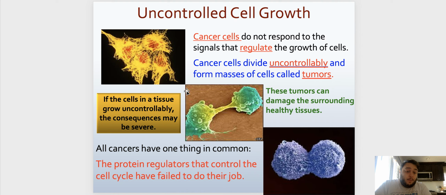Some cancers are treatable. Some cancers, you could remove the tumors with surgery. Sometimes the cancer has spread, which means now you don't just have cancer in your colon, but you also have it in your liver, and you also have it in your lungs, and you can have it anywhere, right? And that means that it's spread, it's metastasized, and it's moved throughout your body, and that becomes much more difficult to treat.